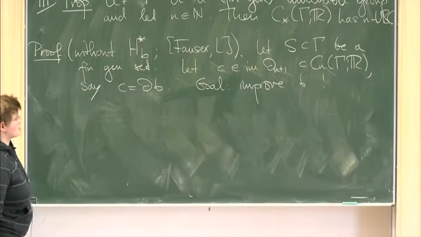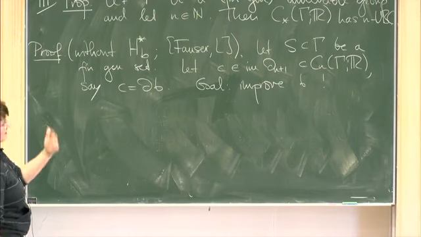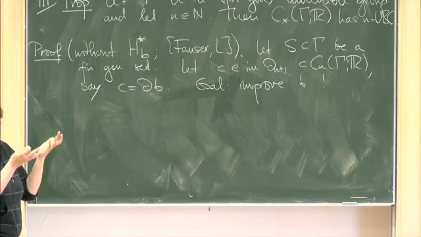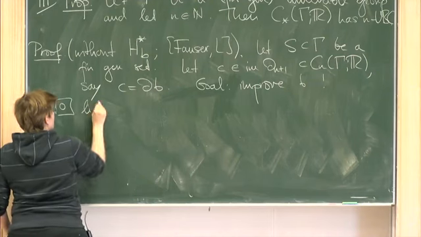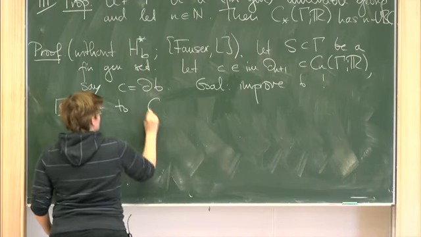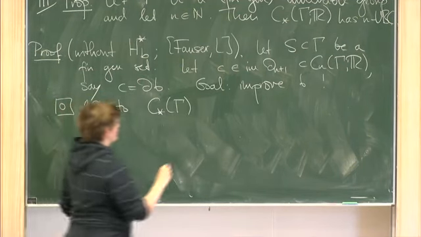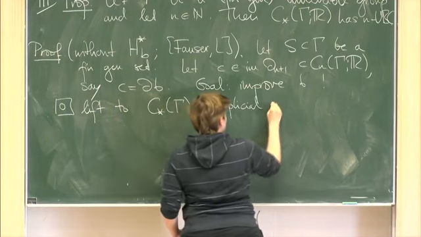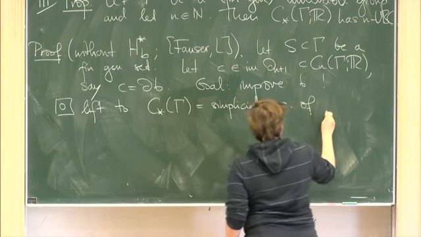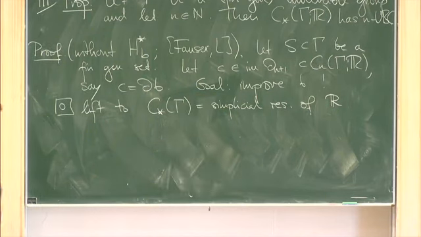Okay, so what's the first step? We first lift it to the corresponding resolution. Geometrically speaking, this would correspond to lifting everything up to the universal cover. So let's lift to C star gamma, the simplicial resolution of R by R gamma modules. How do we do that?